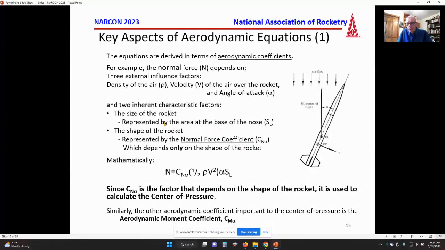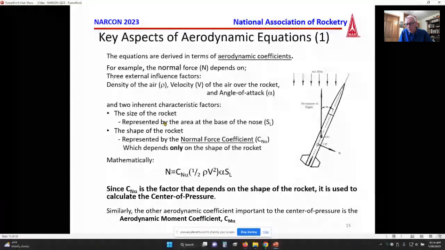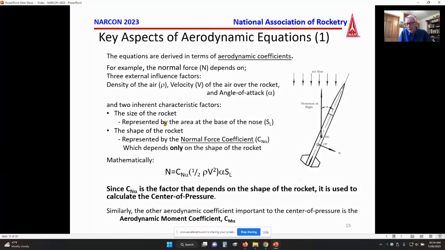Now, there's two key aspects of the aerodynamic theories behind determining the center of pressure of a rocket. First of all, the equations are derived in terms of aerodynamic coefficients, and I'll explain why that is in a second.